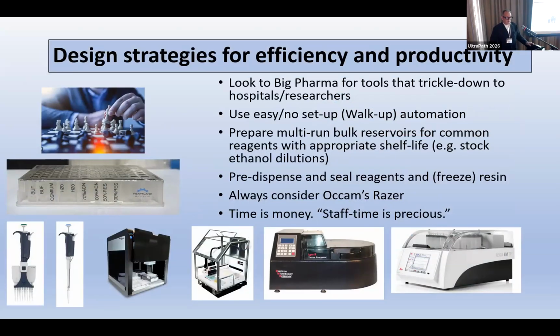Strategies for efficiency and productivity, overall strategy. So look to Big Pharma for some of these tools. And I'll back up a little bit. My company's Heartland Biotech. Our theme is to expand the reach of high technology from the privileged few to the deserving many. Privileged few in the robotics world, lab robotics in particular, is Big Pharma. If you go to those places, they have all the great robots and all the great processing and everything you possibly want.